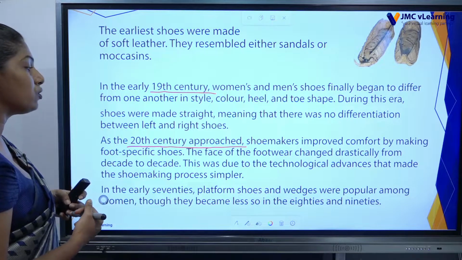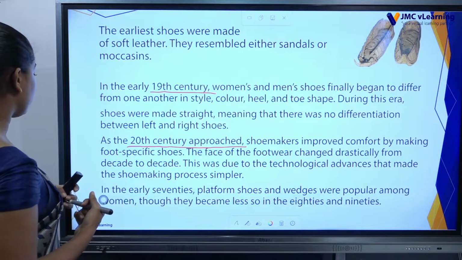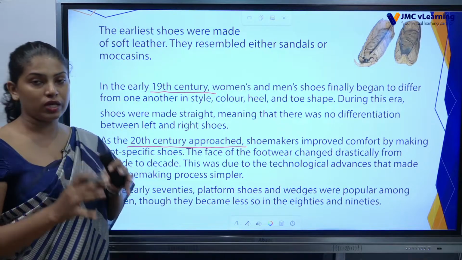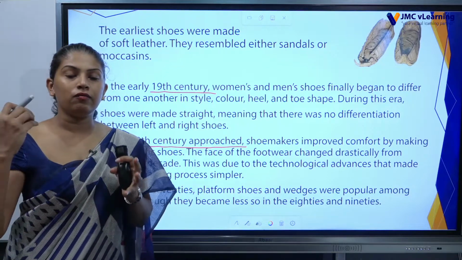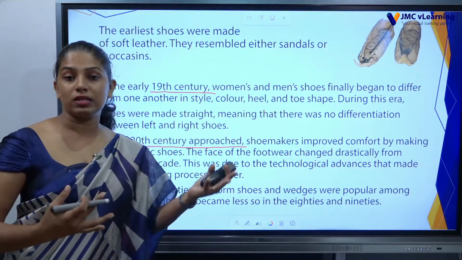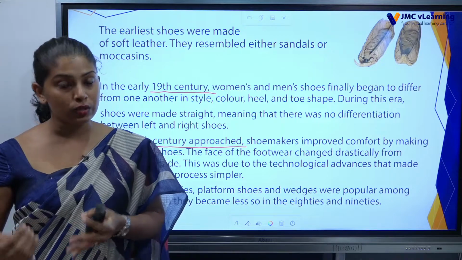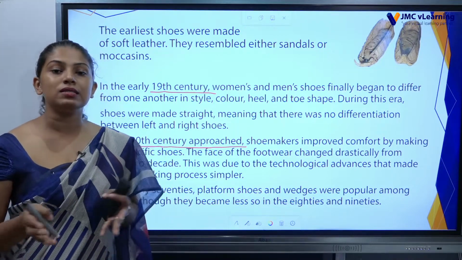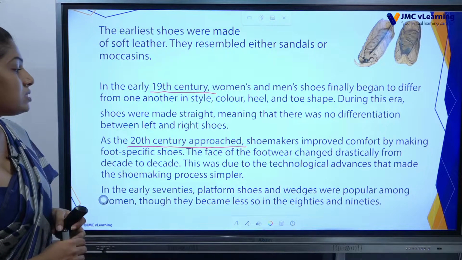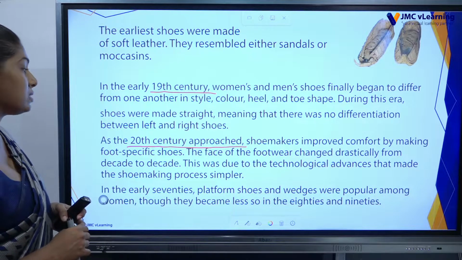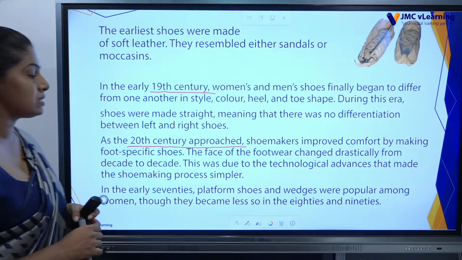the face of the footwear changed drastically from decade to decade. The shape or the look that we can see, if we see a shoe from 40,000 years ago and compare it to now, it is different. That means it has happened from decade to decade. This was due to the technological advances that made the shoemaking process simpler.